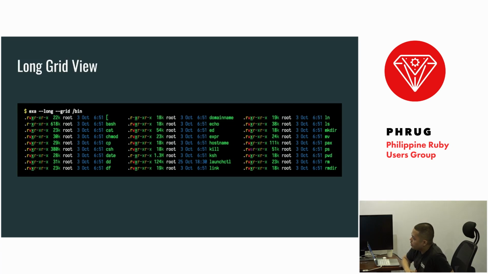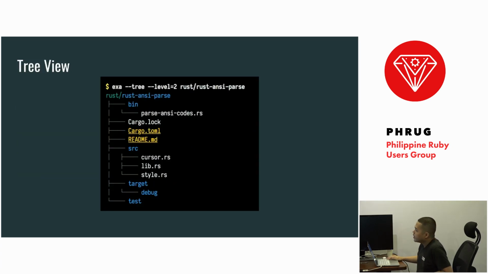And this is one of the nicer features for people with widescreen displays. You can combine the long view with the grid view. So files are displayed in columns, but you also see the additional information for each file. This is the tree view, and the level is specified, so it only goes down 2 levels.